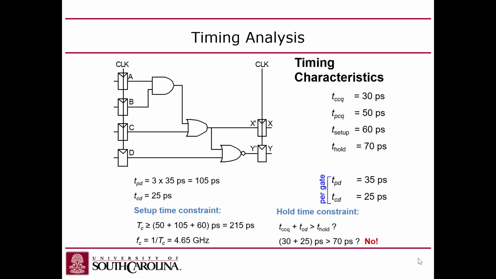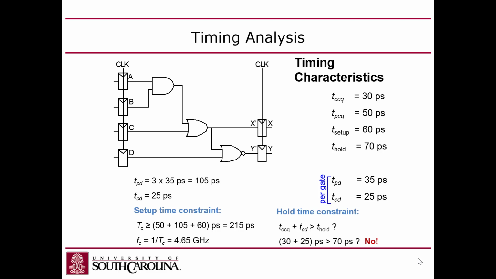That adds up to 215 picoseconds, which defines your smallest clock period. If you take the reciprocal of that, you get 4.65 gigahertz. Any questions about that? Make sense?